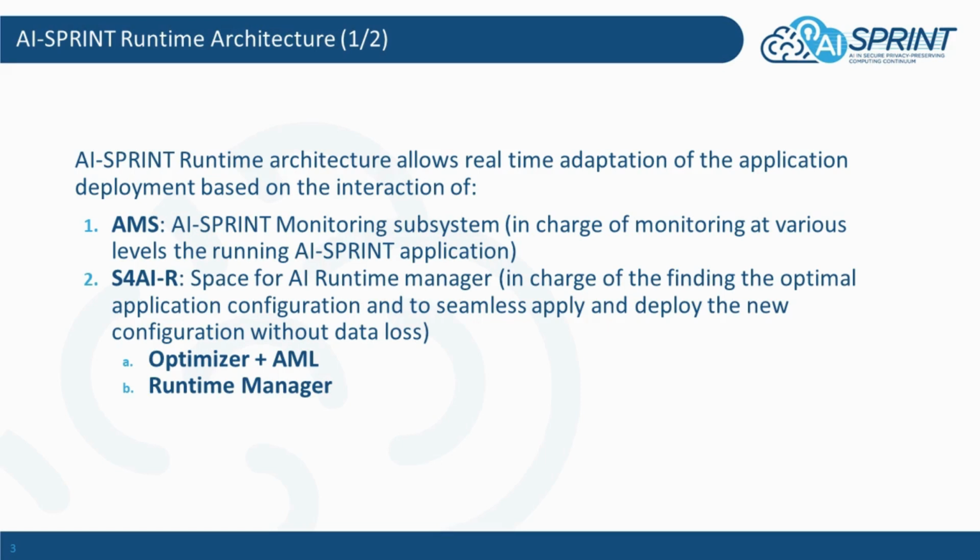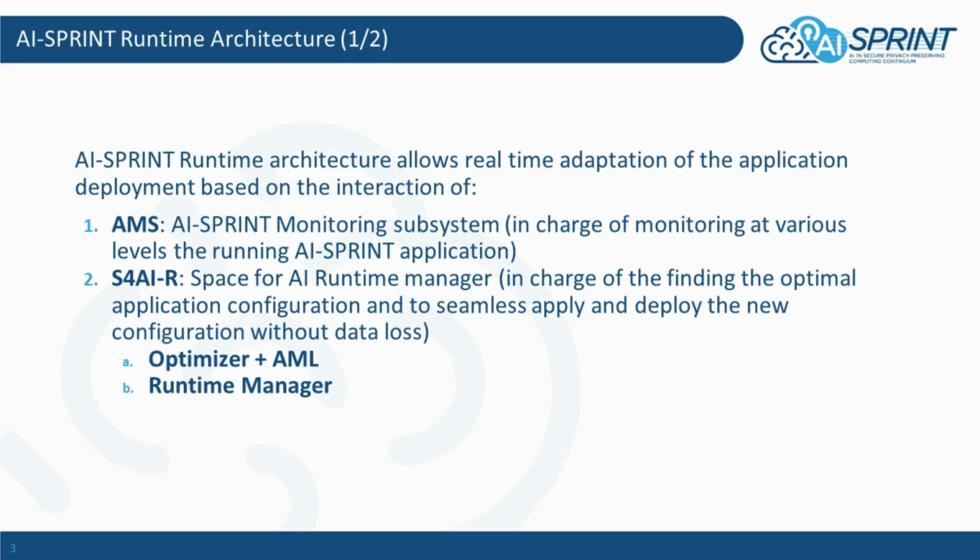The iSprint modular subsystem is a tool that collects all the information about the running condition, such as the network status, the application load, and so on. And SPACE4AI-R consists of two tools: the optimizer, in cooperation with the AM library, and the runtime manager, which is a sort of orchestrator of all these tools.